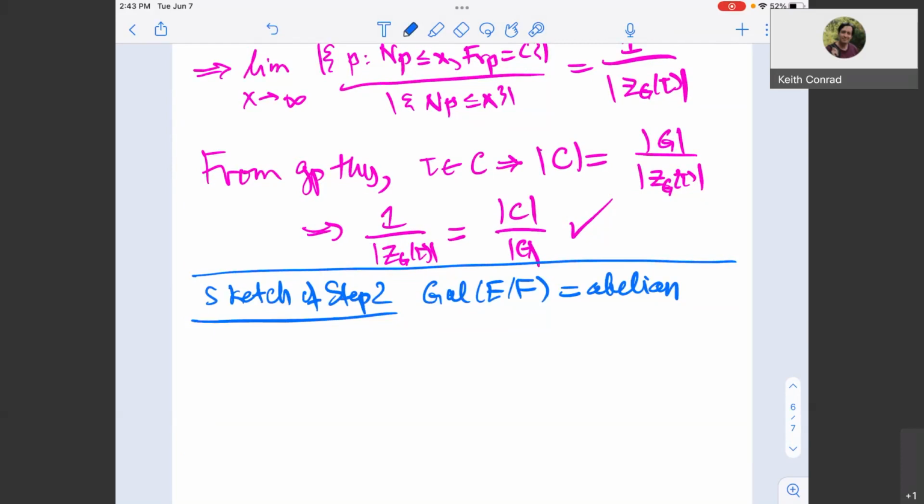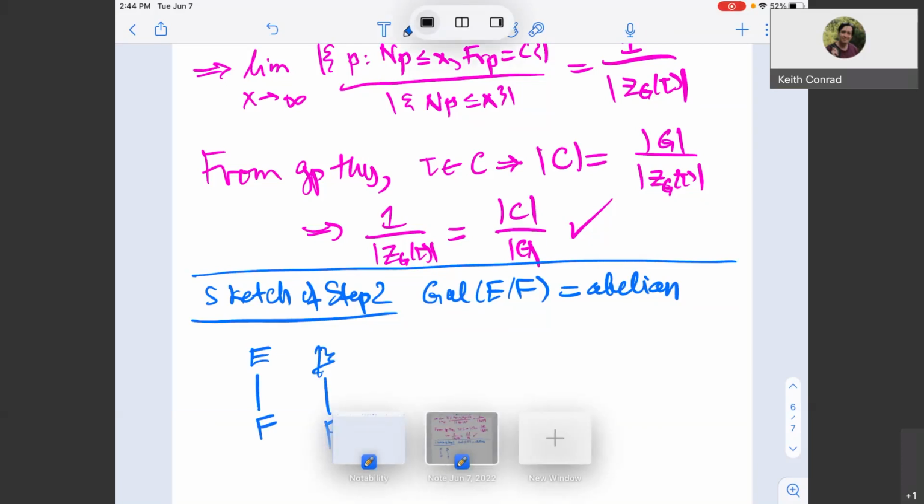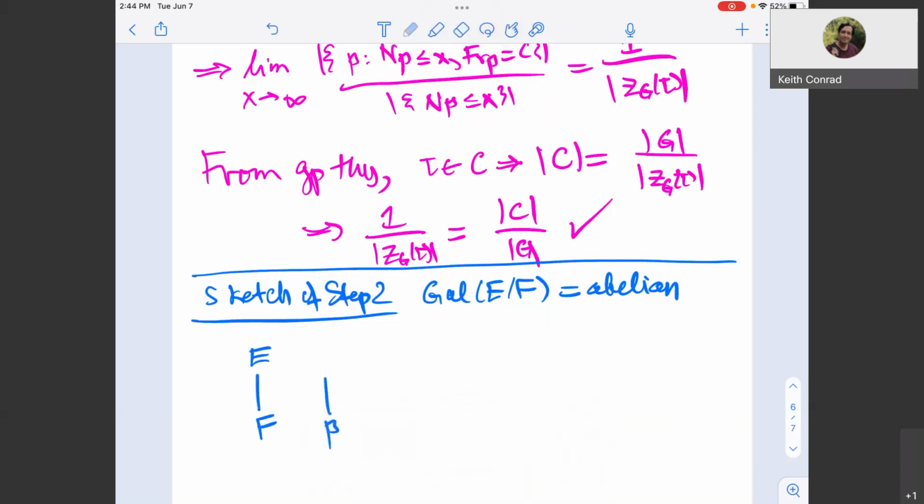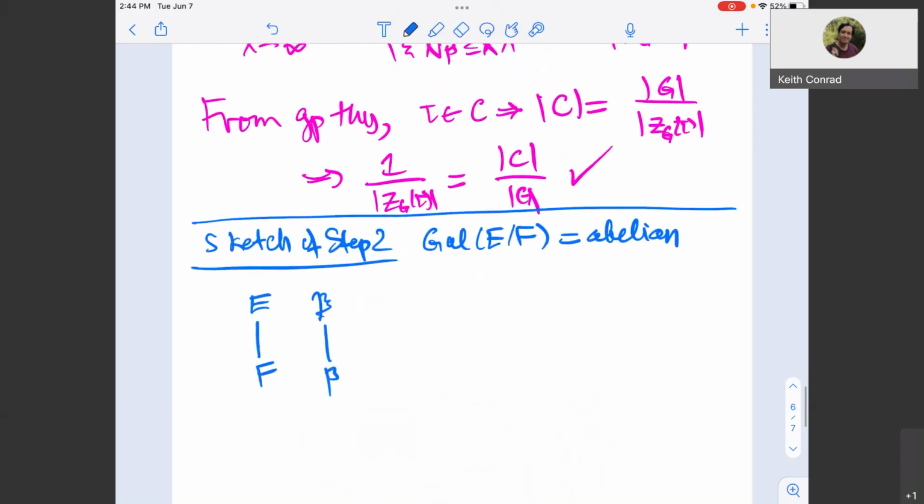So we have an abelian Galois extension, and I want to prove the Chebotarev density theorem in that case. So there's our abelian Galois extension. I take a prime downstairs, and I take a prime. Oh, terrible. Let's try that again. Good enough. All right. So I want to pick an individual element.